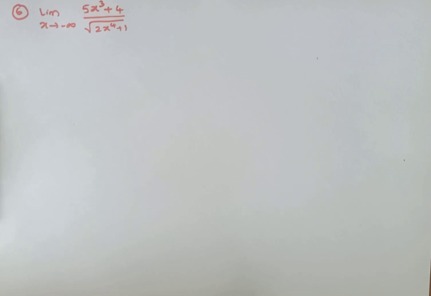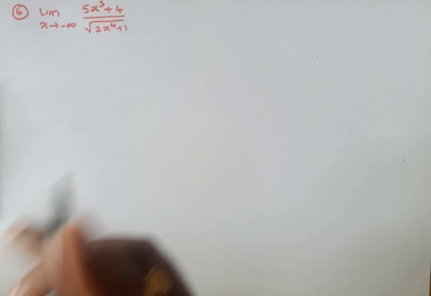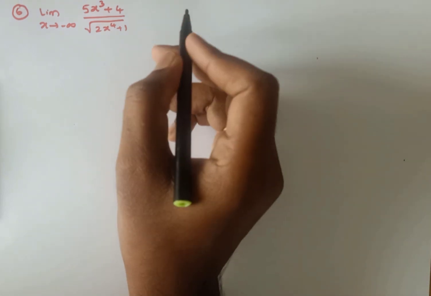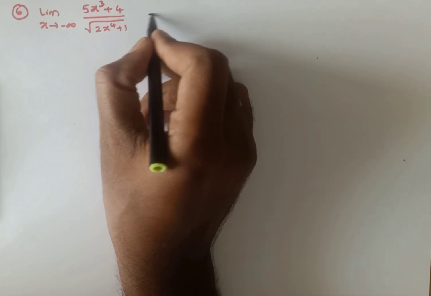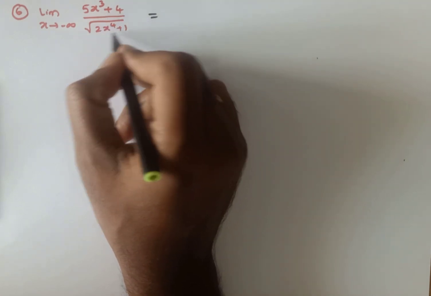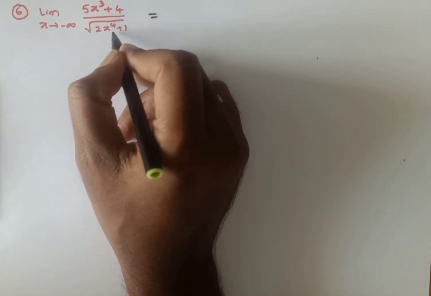The sixth one: limit x tends to minus infinity of (5x cube plus 4) divided by square root of (2x power 4 plus 1). Here the denominator contains x power 4 under the square root, so you can divide by x power 4 inside the root.